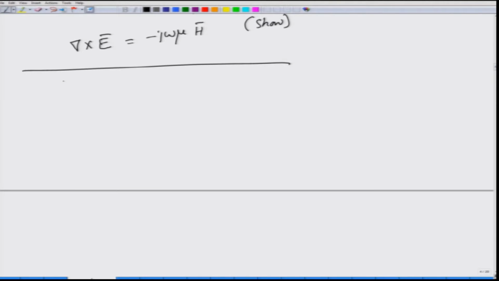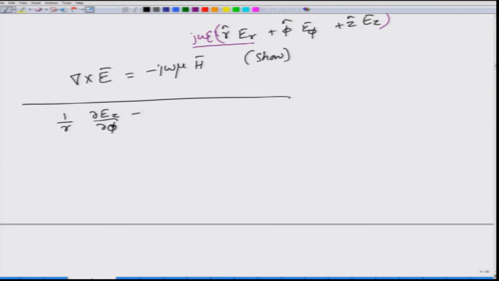So, equating the R components, I get 1 by R del Ez by del phi minus del E phi by del Z. This should be equal to minus j omega mu into HR. Now, we introduce one more assumption. We will assume that no matter what the electric field or the magnetic field components are, as a function of Z, they are given by e power minus j beta z.